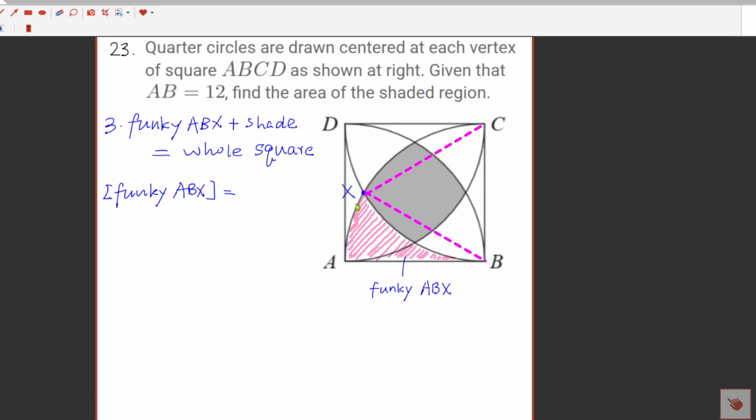The area of the circular segment is the difference between the area of sector CBX and the area of triangle CBX, right?